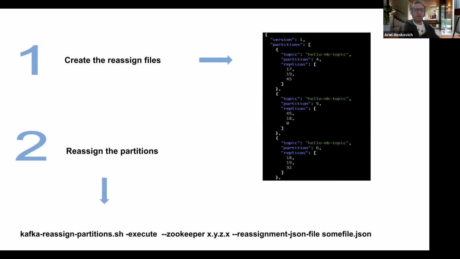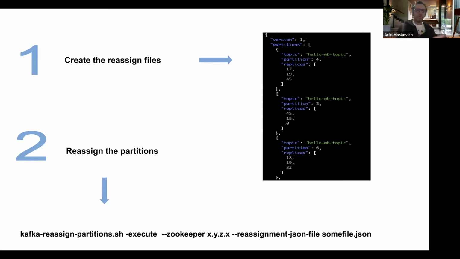The data will start copying from broker ID 17 to broker ID 10, and when this process finishes and the new broker is completely in sync, the new replicas of partition number 4 will be 10, 19, 45.